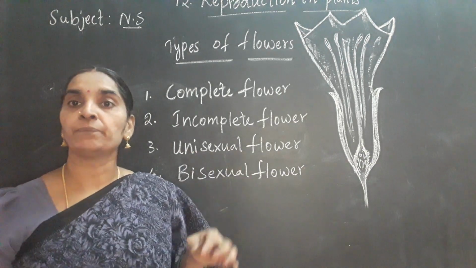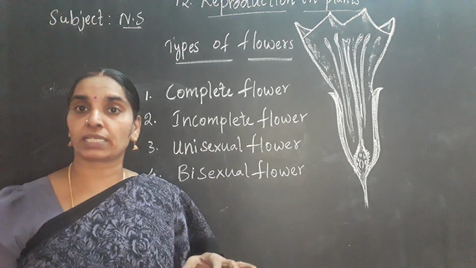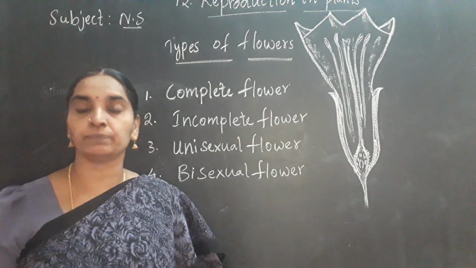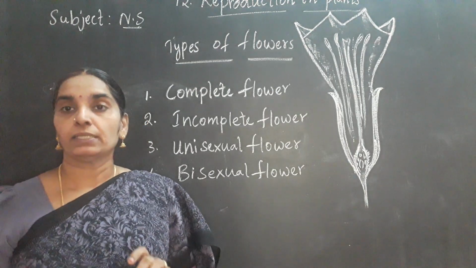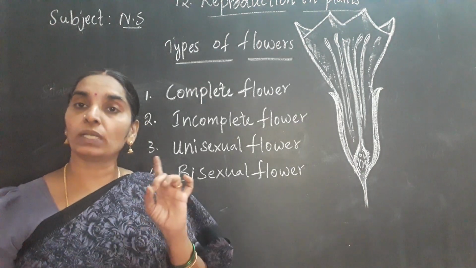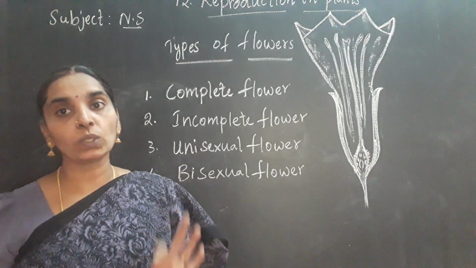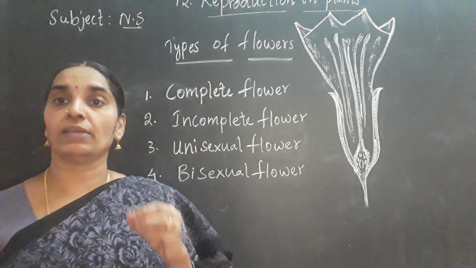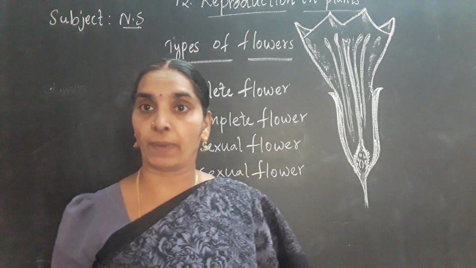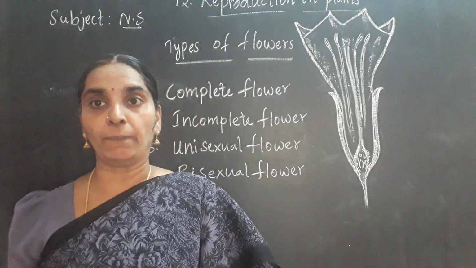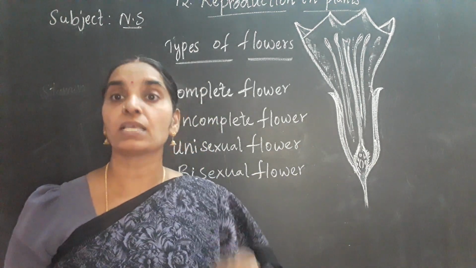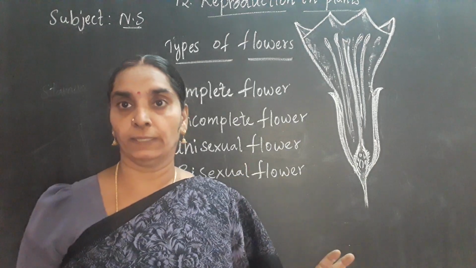Unisexual flower means a flower which consists of either androecium or gynoecium. So it consists of only androecium or only gynoecium. That is, the flower which consists of either male parts or female parts, but not the other part, is called as unisexual flower.